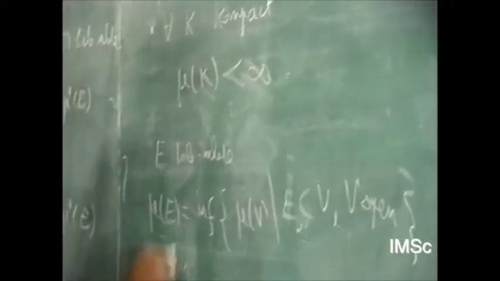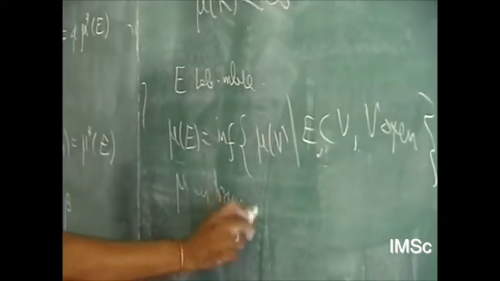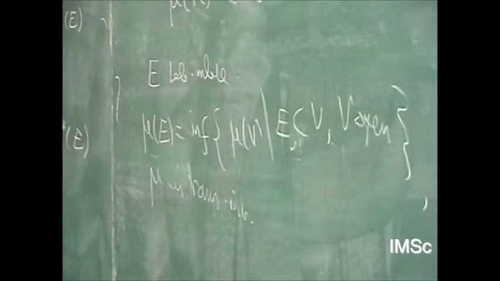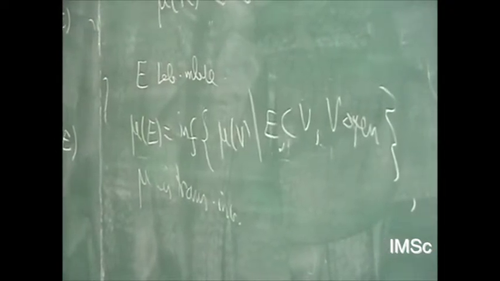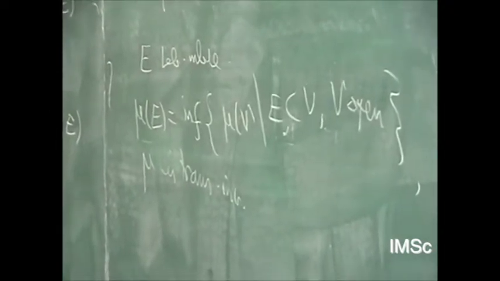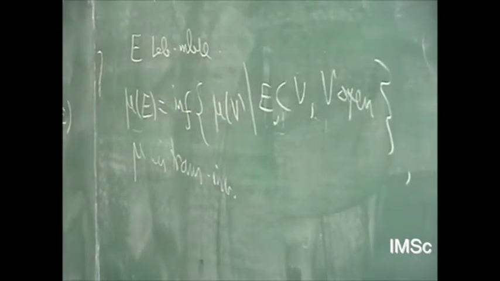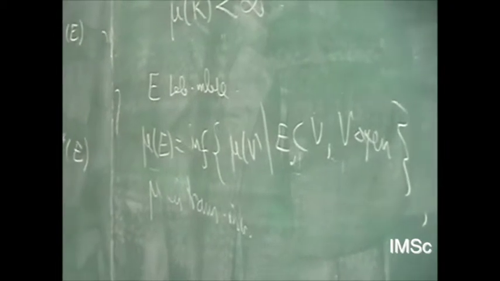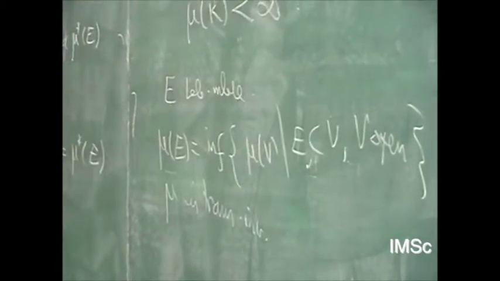Mu is translation invariant. So if you shift the origin, nothing will change. In fact, in Rn, if you have an orthogonal matrix, what is the determinant? If you have an orthogonal matrix, the determinant is plus or minus 1, so the modulus is 1.